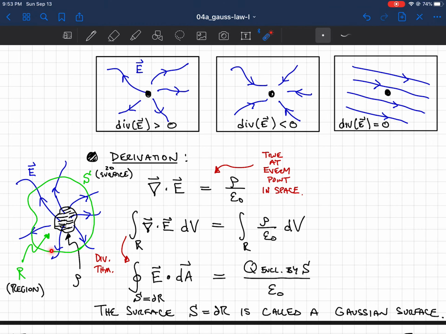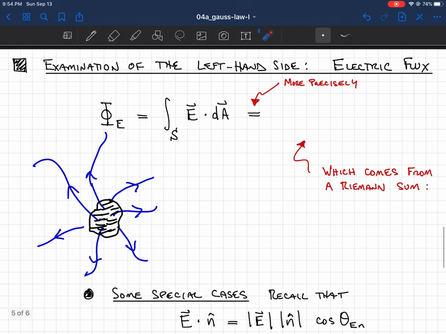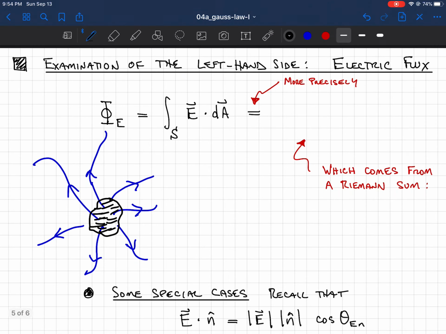And again, that surface that we drew there is called the Gaussian surface, and it will be the tool to use Gauss's law. So this is the expression of Gauss's law that we're going to use. Now let's talk about that left-hand side. That left-hand side is called the flux of the electric field. And in fact, you can talk about flux in other types of things in physics, like the flux of a fluid.